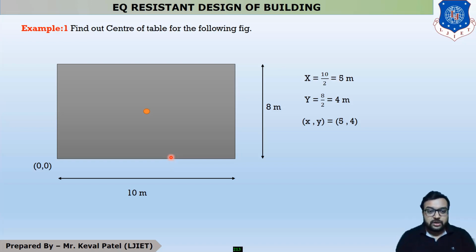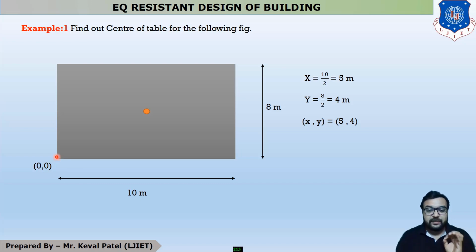This horizontal dimension is 10 meter and the vertical dimension is 8 meter. This is the revision of mechanics of solids, in which you consider the lower left corner as the origin.